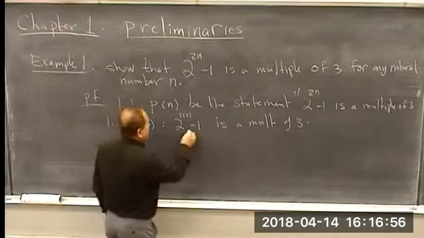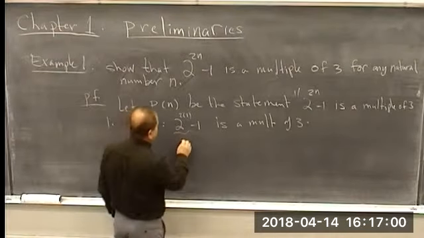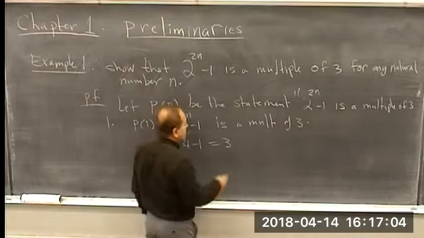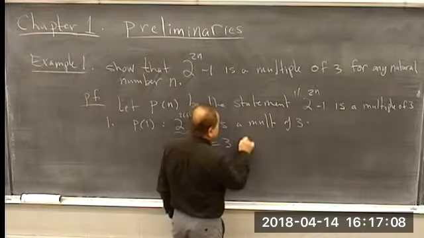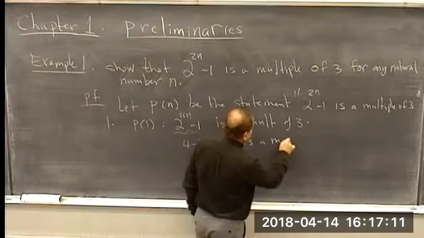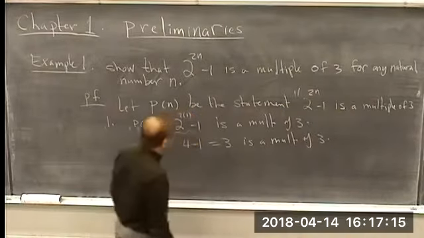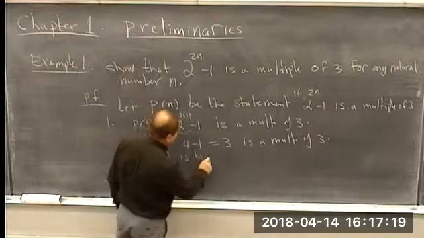When n is equal to 1, this is going to be 4 minus 1, and this is equal to 3, and yes, 3 is a multiple of 3. So it means that P(1) is true, or holds.